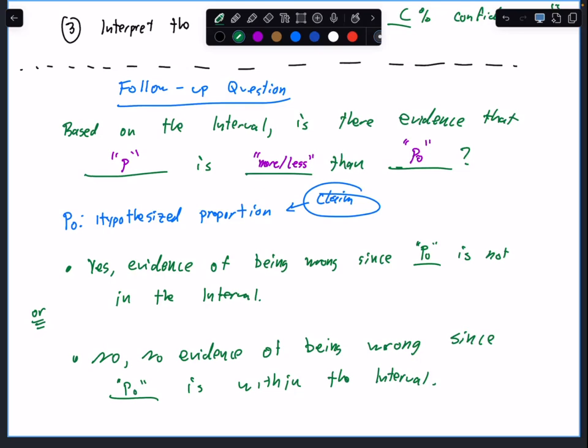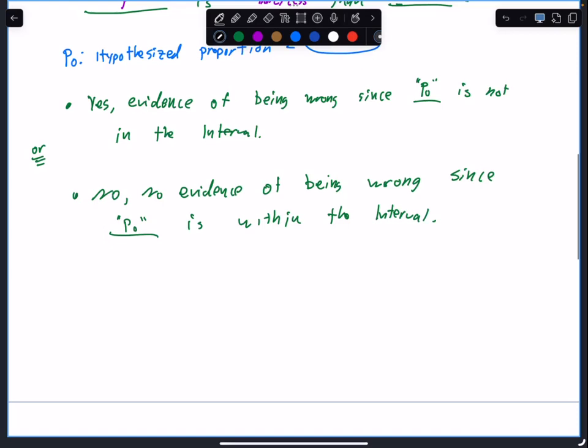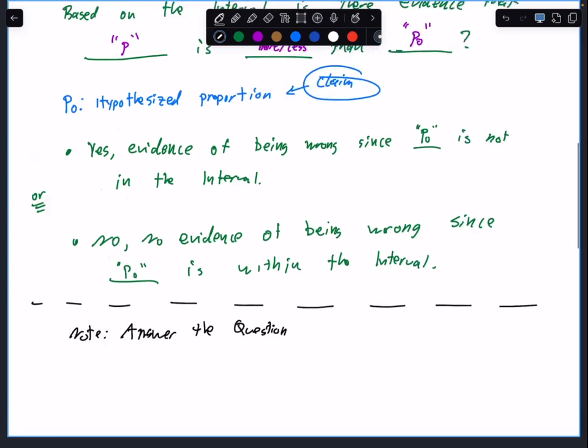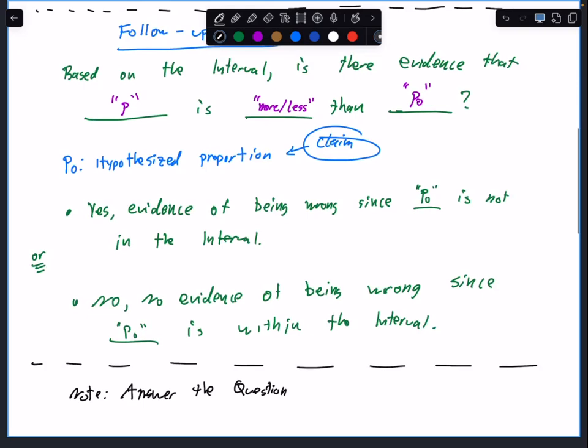Now, please note, answer the question. What I noticed, and maybe I didn't do a good job in fully going over it last class, is answer the question. Just because you said no or interval, what is the question actually asking? A lot of times this is what happens in the real world. We'll only do something if there's more than 2% or more than a certain percentage. If more than 20% of students are reacting positively to a new method of teaching, then I'll introduce that.